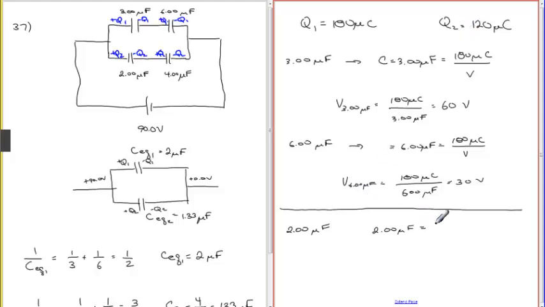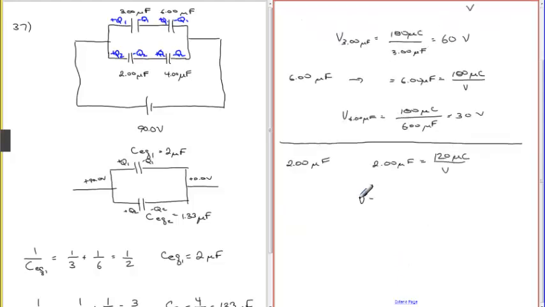Here we used 180. So we'll have 120 microcoulombs divided by the voltage. Capacitance is charge divided by voltage. So we've solved for the voltage. It's 120 microcoulombs divided by 2 microfarads. 120 divided by 2 is 60.